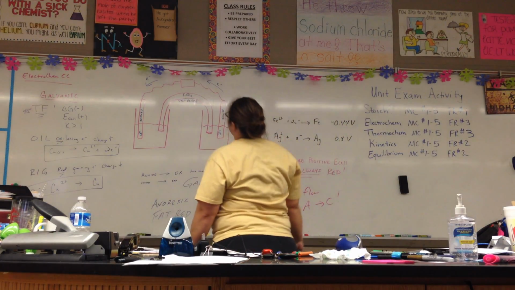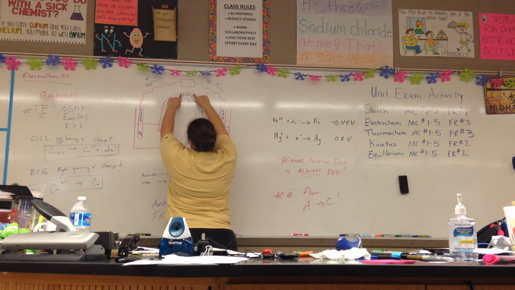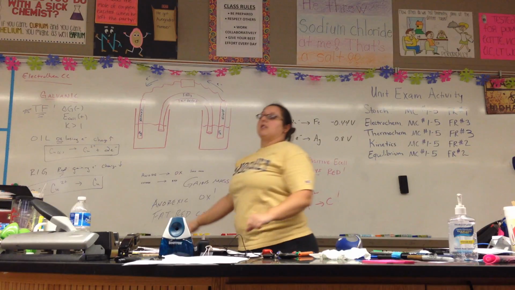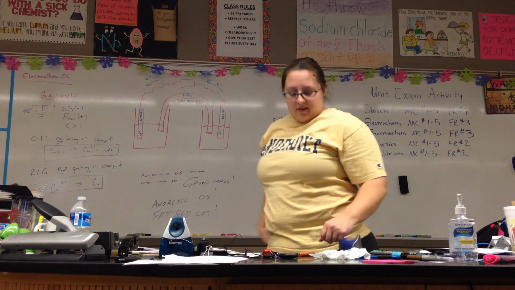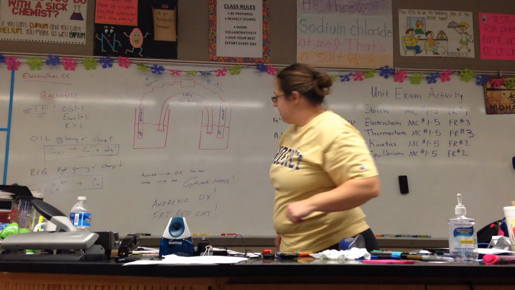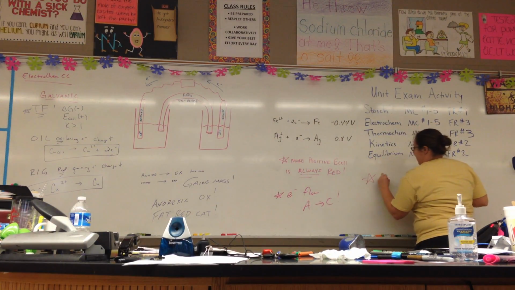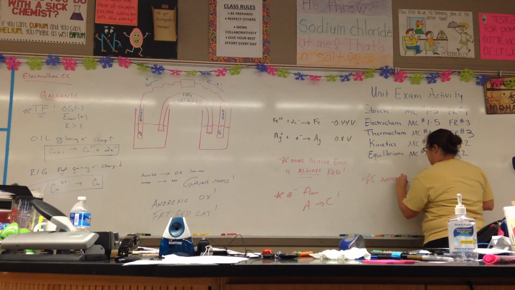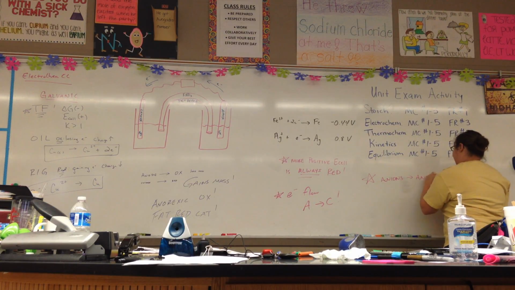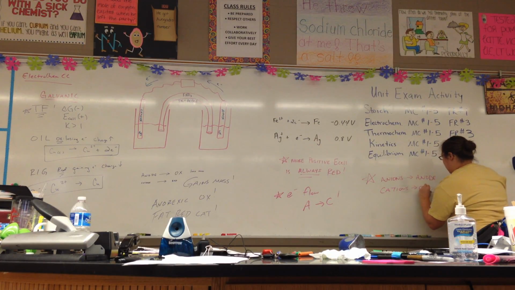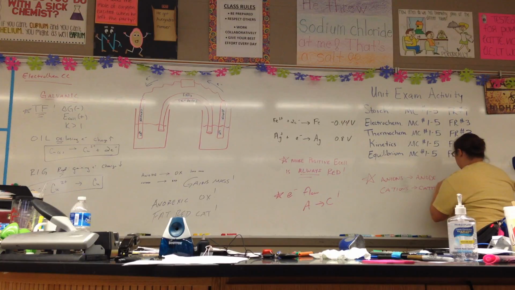Alright, so when I have a salt bridge, these split up into ions, right? So it splits up into K+ and NO3-. Which one's going to go to which side? Anions go to the anode. Cations go to the cathode. And I'm going to explain why.